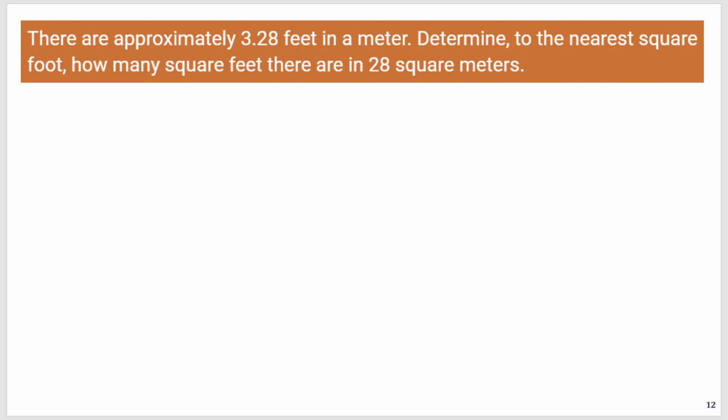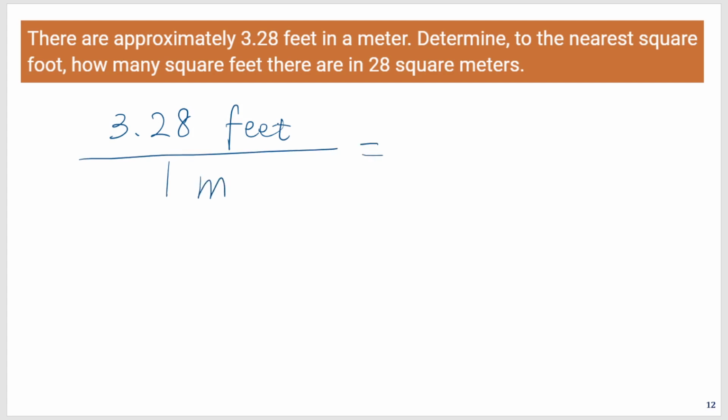Since there are approximately 3.28 feet in a meter, 3.28 feet over 1 meter gives us approximately 1, right? If we had to convert 28 meters into feet, we would only have to multiply this conversion factor once. However, we must convert square meters into square feet. Therefore, we must multiply by our conversion factor twice in order to get square meters, right?